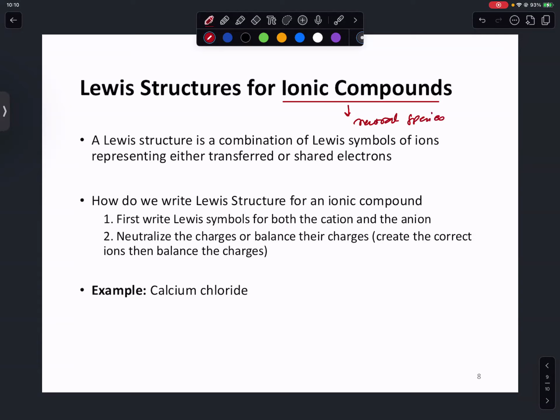So we know how to write out, so let's go through the steps very quickly. We know how to write out the Lewis symbols now for cations and anions, and then we're going to simply neutralize the charges and balance them. And I'm going to show you how the Lewis structure really represents this. So, for example, calcium, it is a metal. It is in group 2, so it has 2 valence electrons, right?